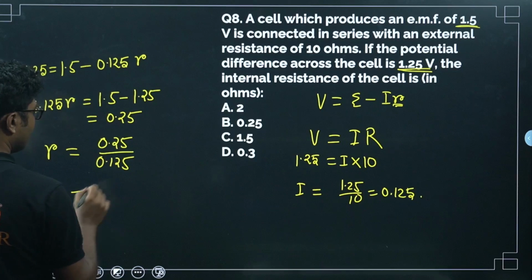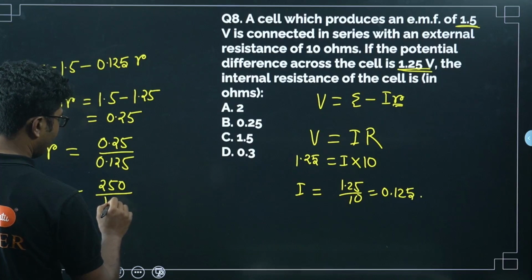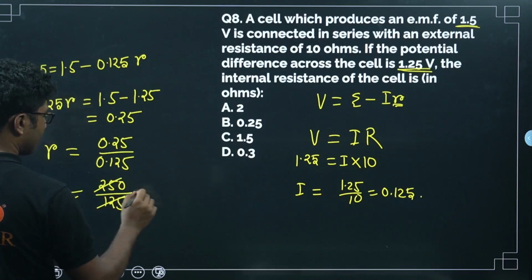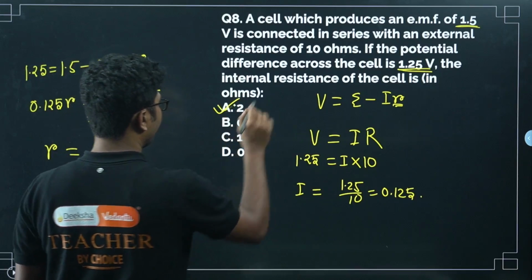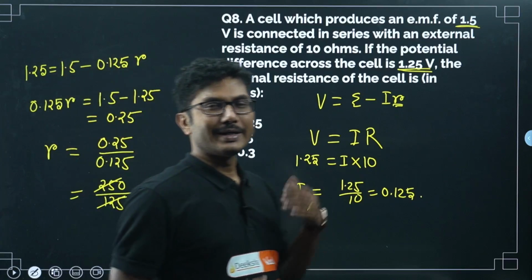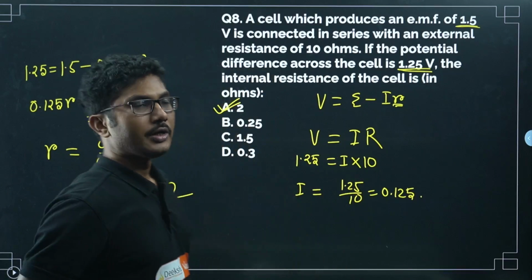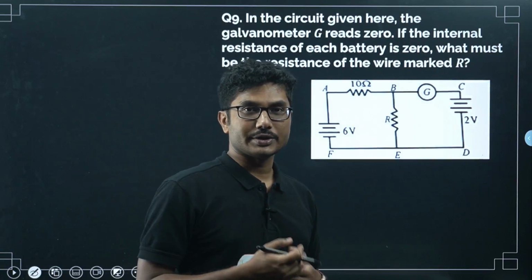So let's remove the decimals. It will be 250 divided by 125. So if you cancel, it will be 2 ohm. Okay, so the correct answer is obviously 2 ohm. Okay, you need to improve your analytical ability, your calculations, and how fast you can calculate these kinds of equations, right?